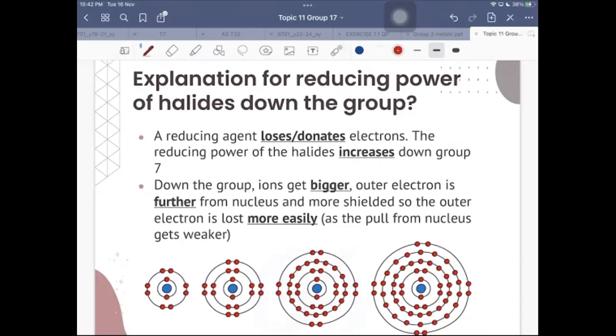Oxidation is the loss of electrons, so the reducing agent donates its electrons, and the power increases. That means it gets easier to lose electrons as you go down the group for the halides.